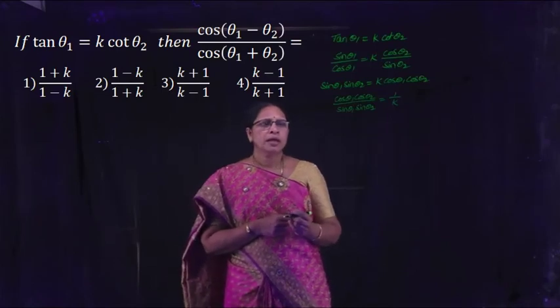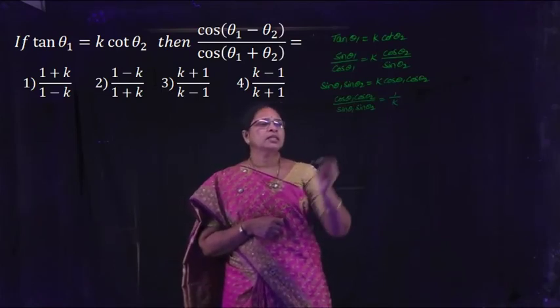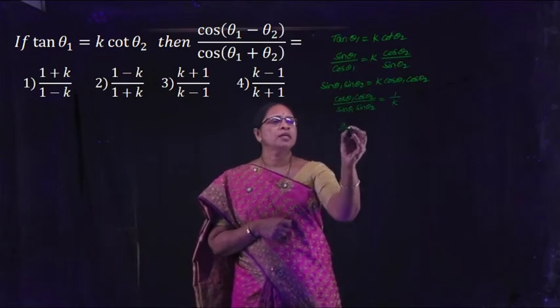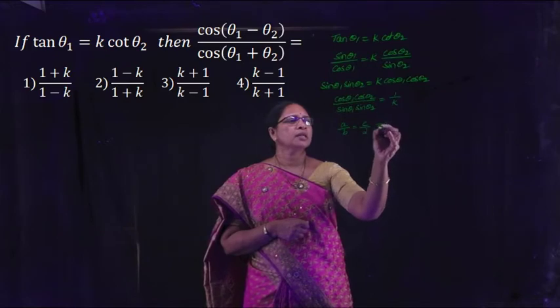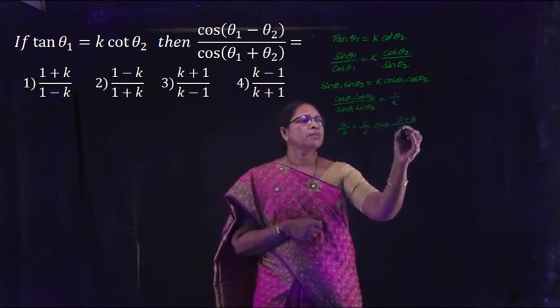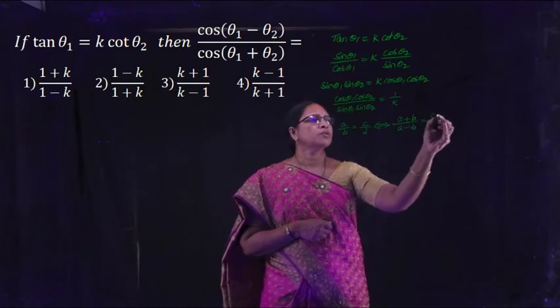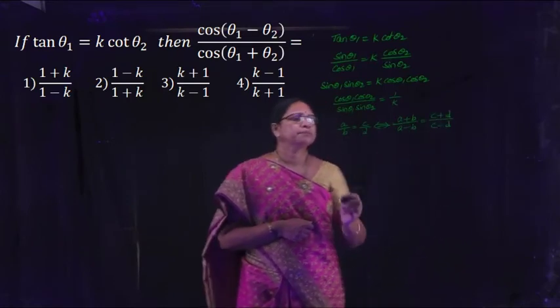We can apply the componendo and dividendo rule. That is, if a by b is equal to c by d, then a plus b by a minus b is equal to c plus d by c minus d.